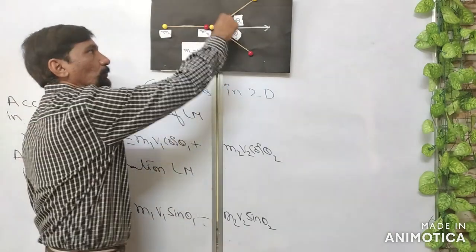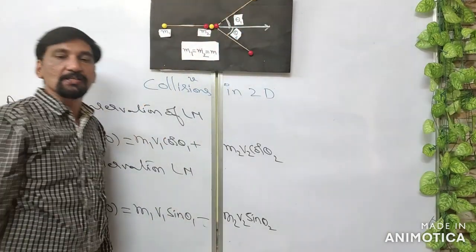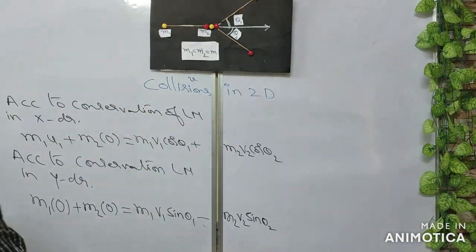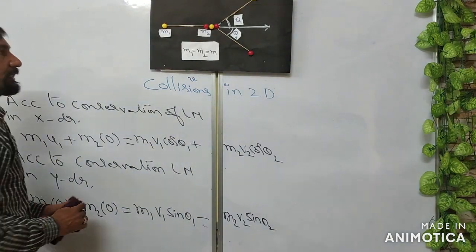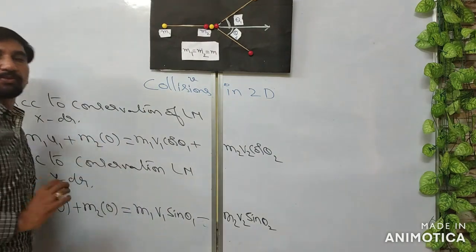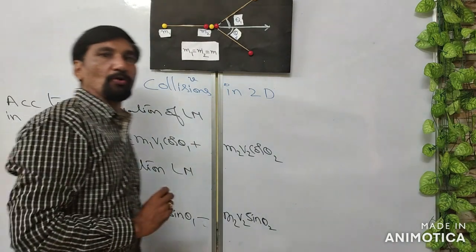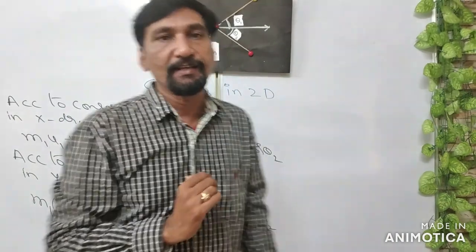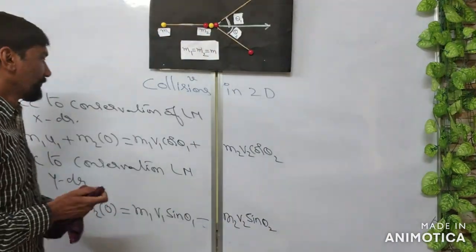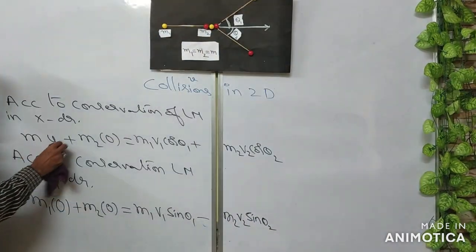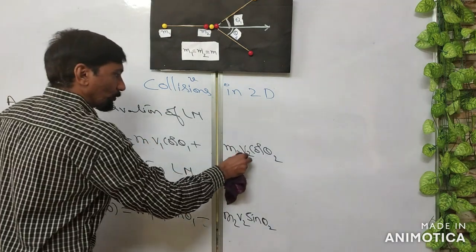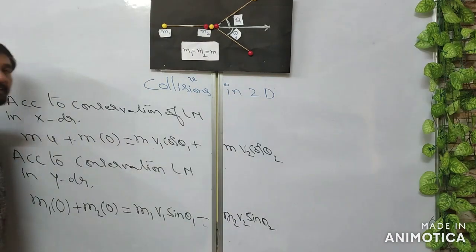You have to prove that the sum of these two angles is 90 degrees. Now, very simple: if this collision is elastic, it follows conservation of momentum and also conservation of kinetic energy. We are assuming that the two bodies have equal masses.